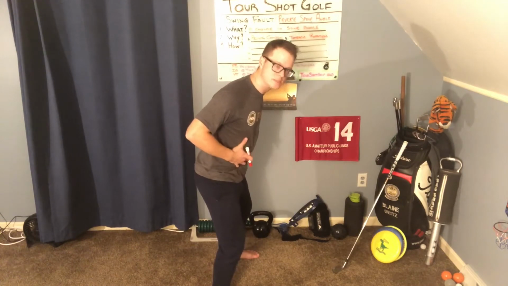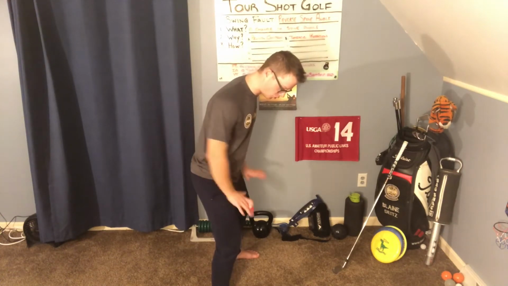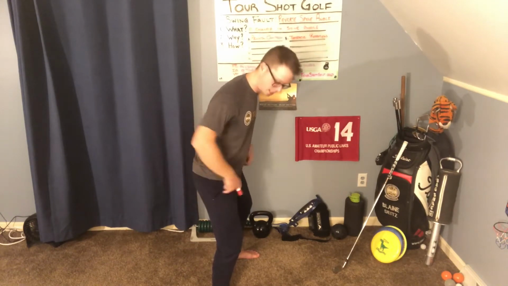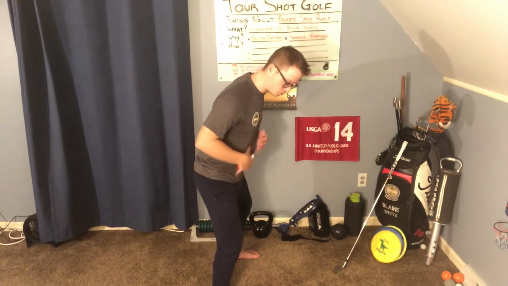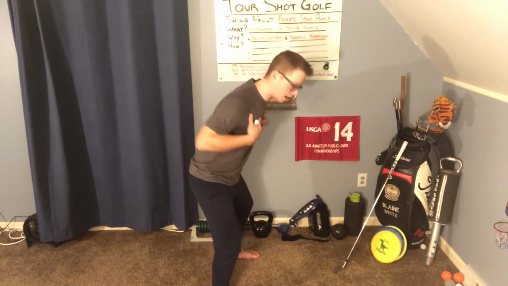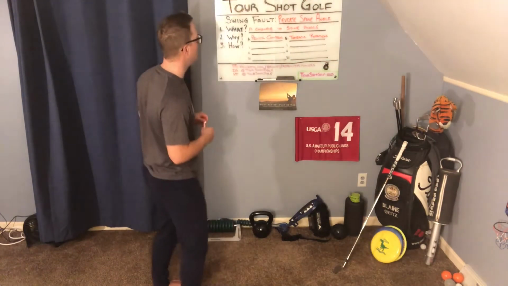So your core needs to be very braced, and we can control the lower half through the pelvis, the muscles that surround it, and the big joints of the hips. But while this is braced and transferring that power through the core, we also need the upper body to be able to rotate independently from what the lower body is doing. When they work in conjunction, that's when the magic happens.